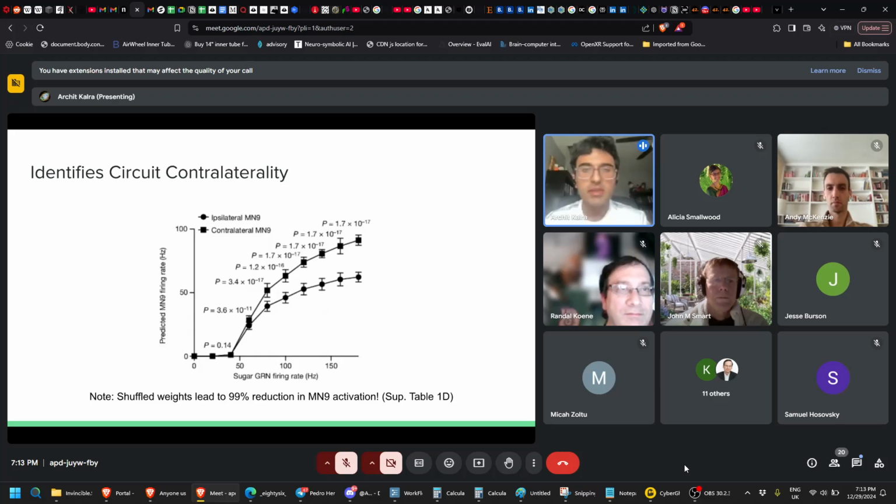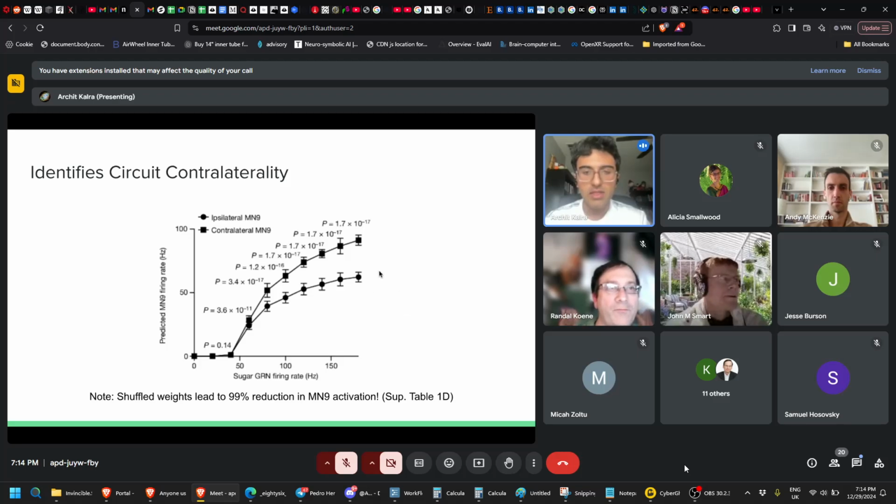Now, based on the computational model, by taking all of these leaky integrate-and-fire neurons that represent the overall connectome, giving them their weights and constructing that network, we were able to identify circuit contralaterality. That specifically means you were able to see how presenting sugar on the left side of the fly allows for ipsilateral, which is the same side movement, and contralateral, which is the opposite side movement, stimulation of the motor neuron.